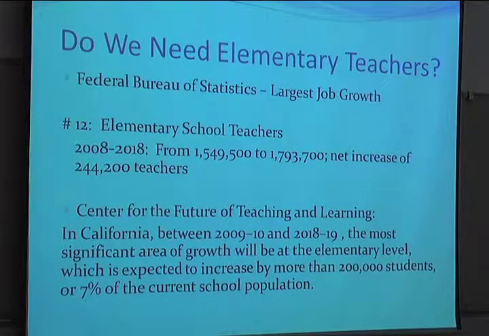And so as the veteran teachers are retiring, they're getting replaced with the newer teachers that are coming on board into the elementary schools. The Center for the Future of Teaching and Learning shows that there's going to be at least 7% growth across the next 5 to 10 years. And so this is a great opportunity to get into a field if you're interested in working with children, and of course with child development, this might be a pathway that you might be interested in.